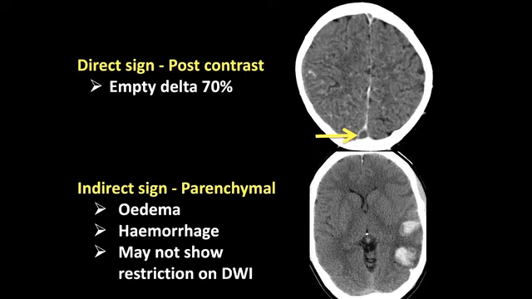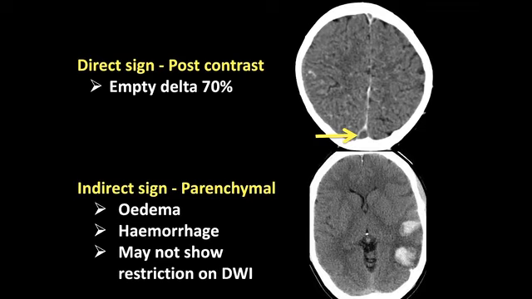An indirect sign would be a patient who presents with parenchymal hemorrhage for which you do not have another cause. When you see edema and hemorrhage, you need to look carefully for associated venous sinus thrombosis, particularly in a patient with infection. Remember that in these patients with hemorrhagic infarcts, when we do MRI, they may not show restriction on DWI.